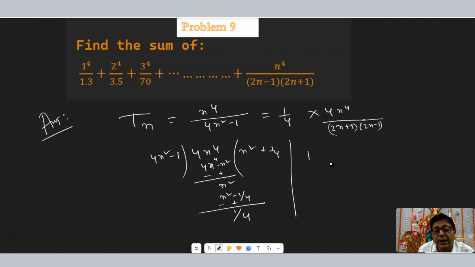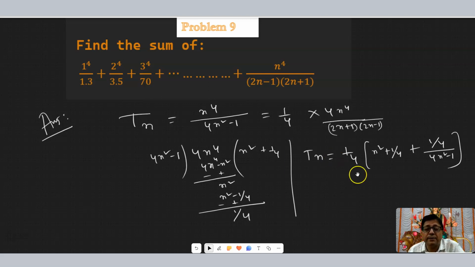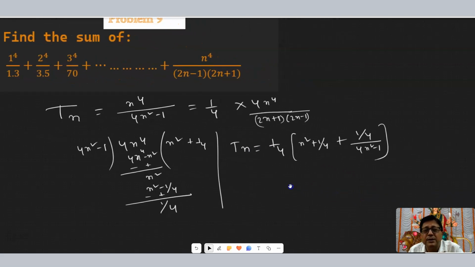So now we can write Tn in this form, 1 by 4, the quotient plus 4n square minus 1. I think we can prove now whether it is telescoping or not.